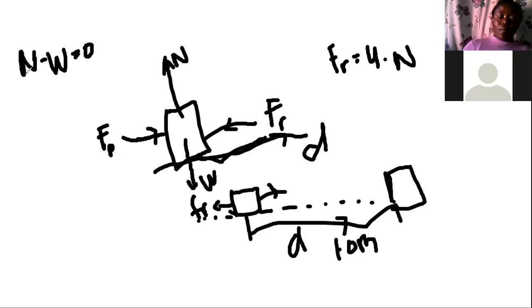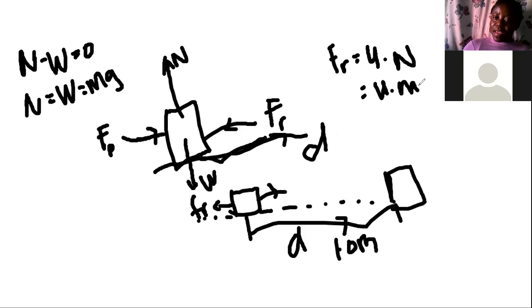So therefore the normal force is equal to the weight. When we calculate our weight, we say it's equal to the mass times the gravitational acceleration, because this weight is due to gravitational acceleration. So putting in these values, we have the kinetic friction equal to the coefficient times the normal force, which is equal to the mass times the gravitational acceleration.